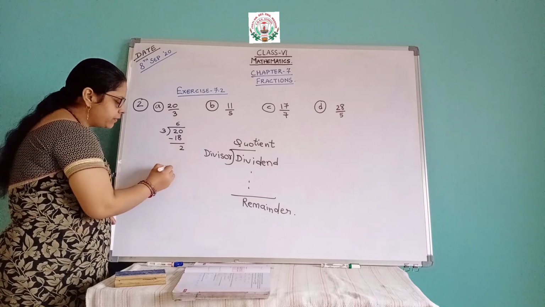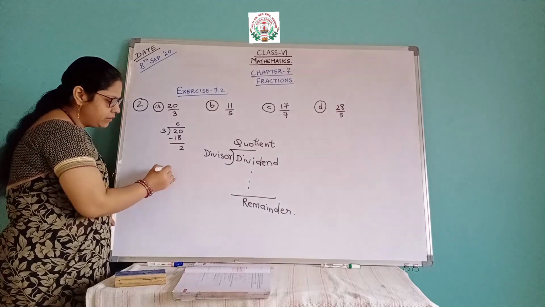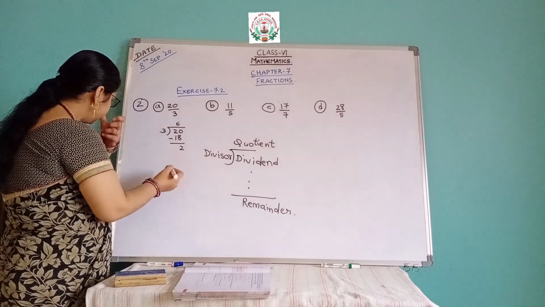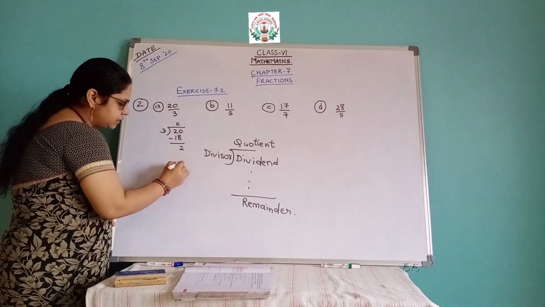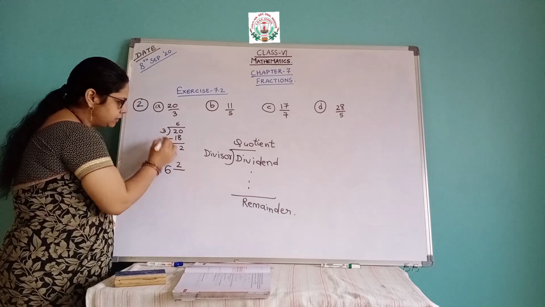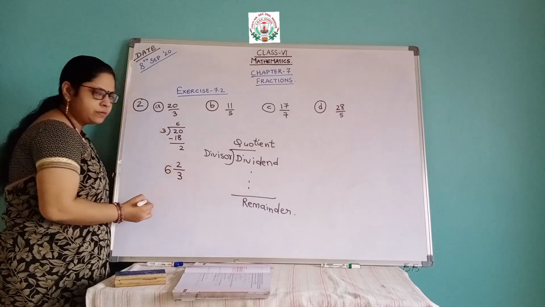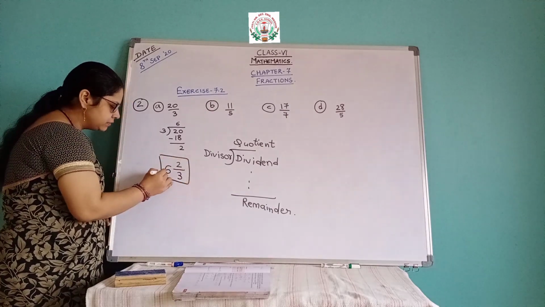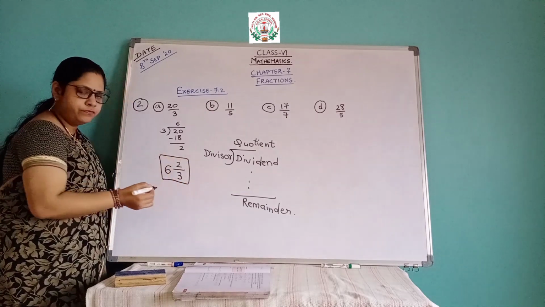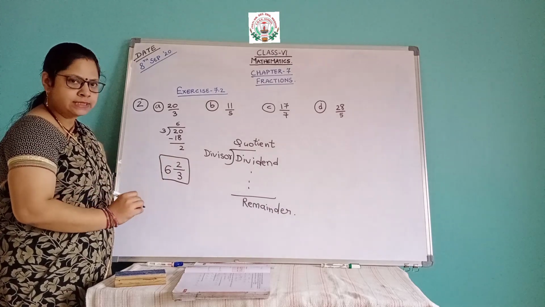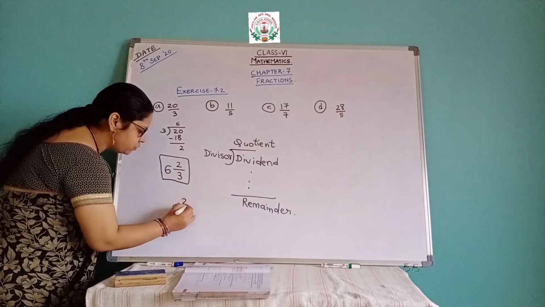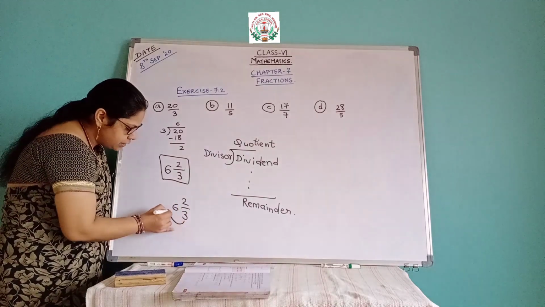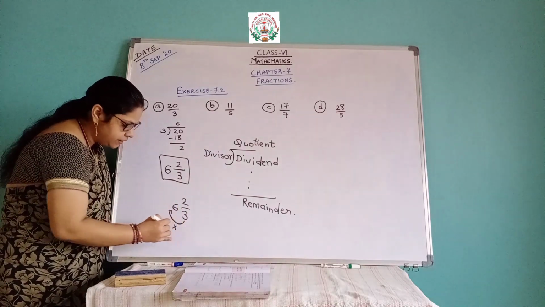So we are going to write the quotient in between, which means this is the whole number, the remainder at the numerator position and this divisor at the denominator position. This is the converted mixed fraction. Now if you want to check whether your answer is correct or not, 6 2 by 3, you have to multiply these two numbers.